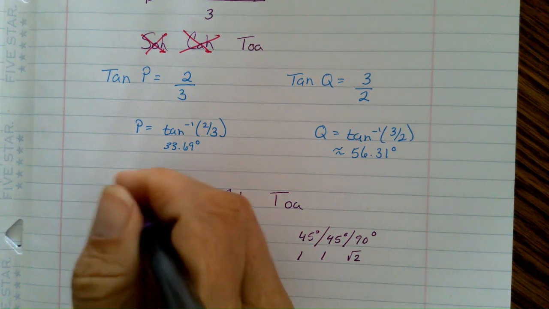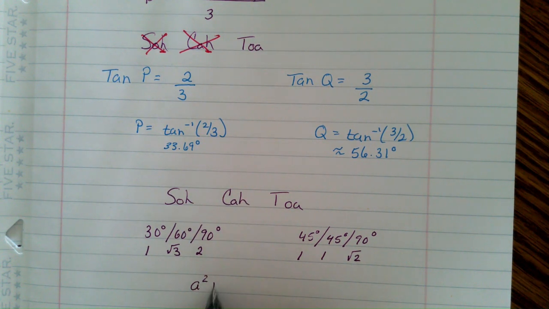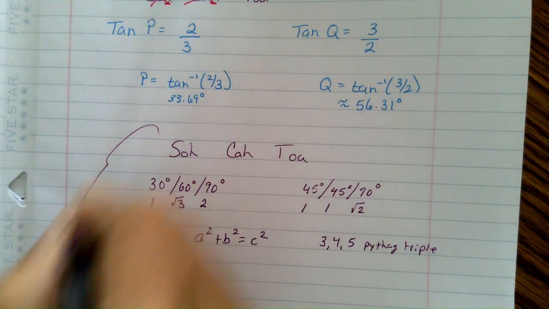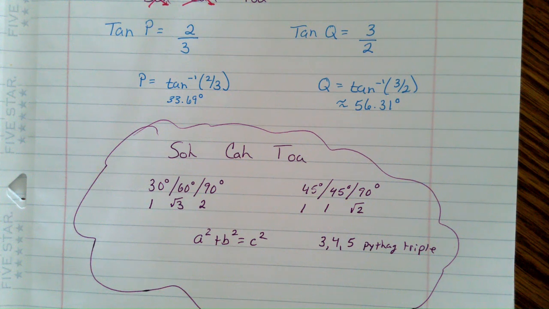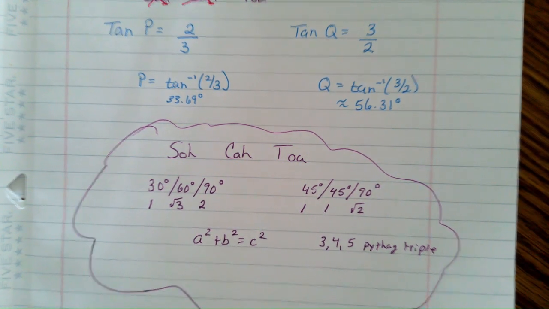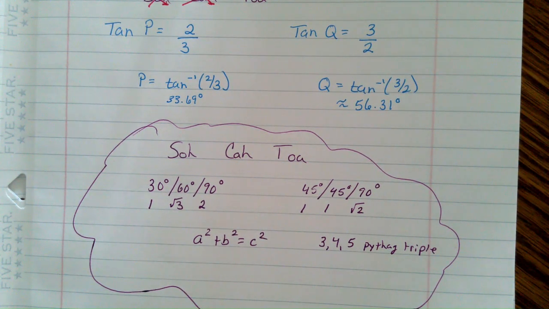If you know, well, along with, if you understand that little bubble, then you're going to be able to really get the geometry/trig part of your ACT going very well.